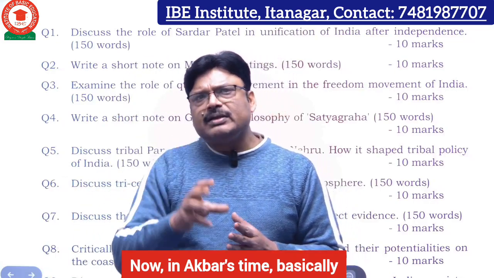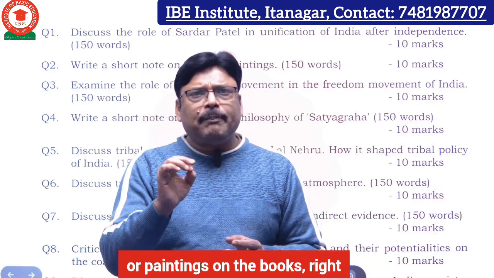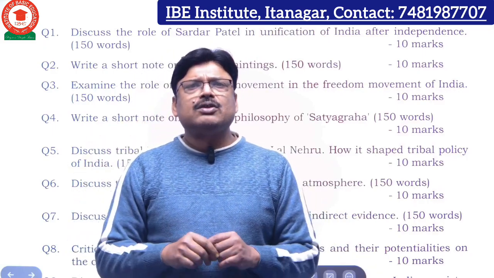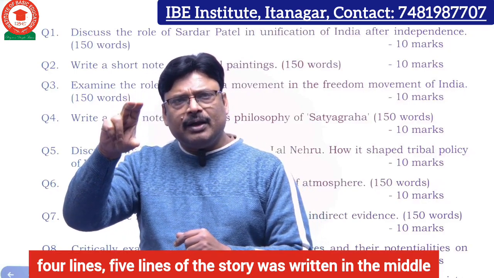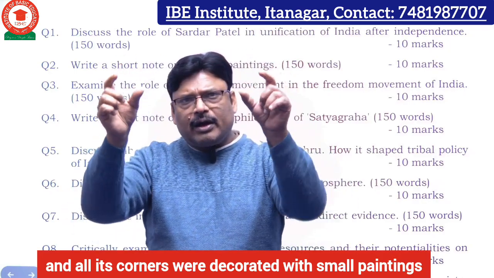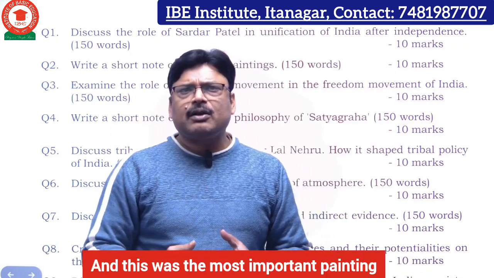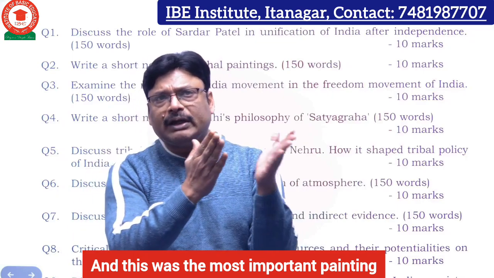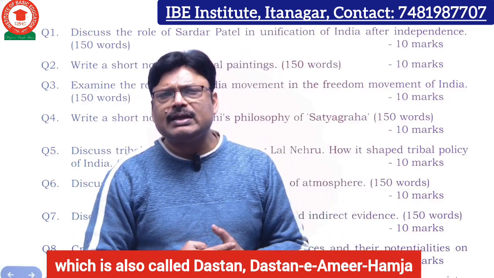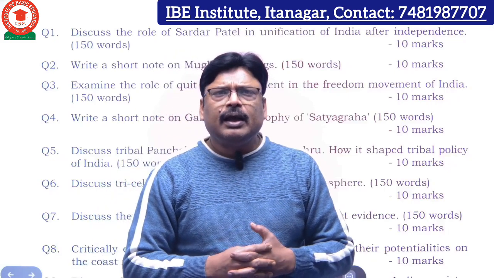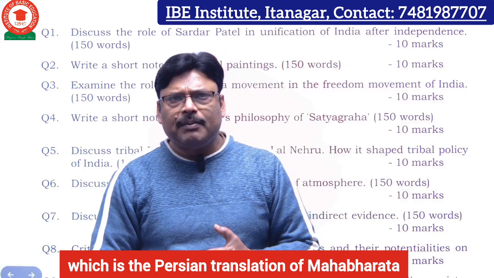In Akbar's time, more emphasis was given to paintings in books. So 4 or 5 lines of the story were written in the middle, and all its corners were decorated with small paintings. The most important paintings of Akbar's time were the Hamzanama, which is also called Dastan-e-Amir Hamza, as well as the Razmnama, which is the Persian translation of the Mahabharata.